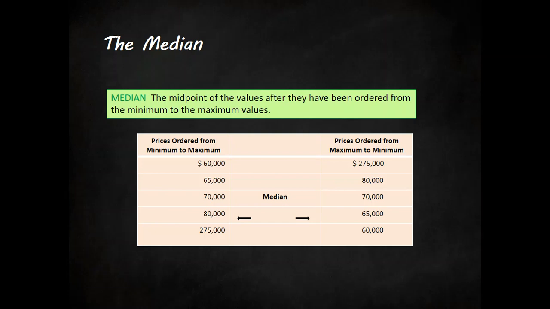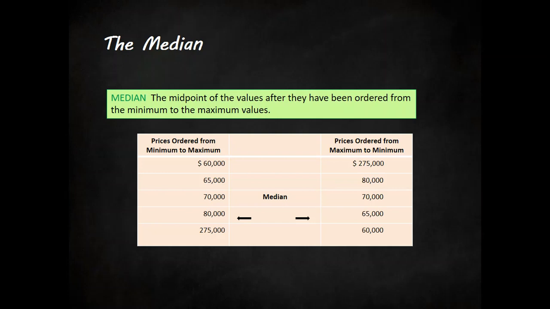And you look at this data set and you see you have 275,000 for one, but all of the rest of them are within $20,000 of each other. And what we're looking at here is the price of condos in a particular city. Okay, and so one condo in the sample is $275,000.